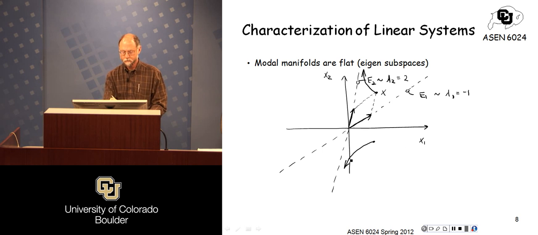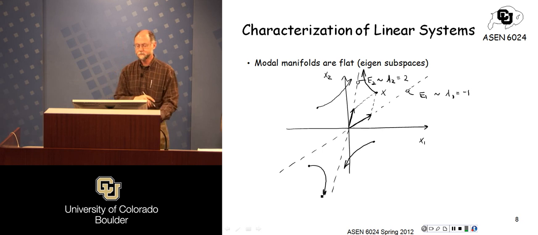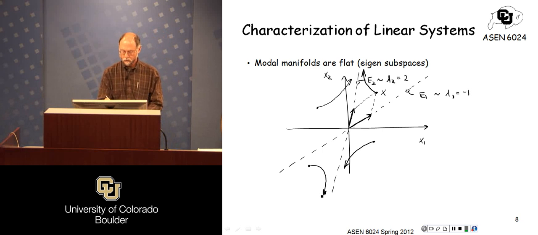Over here, up again towards. And then down in here, towards E1 and then away from E2. Do something like that. So this is an example of what's called a saddle equilibria.